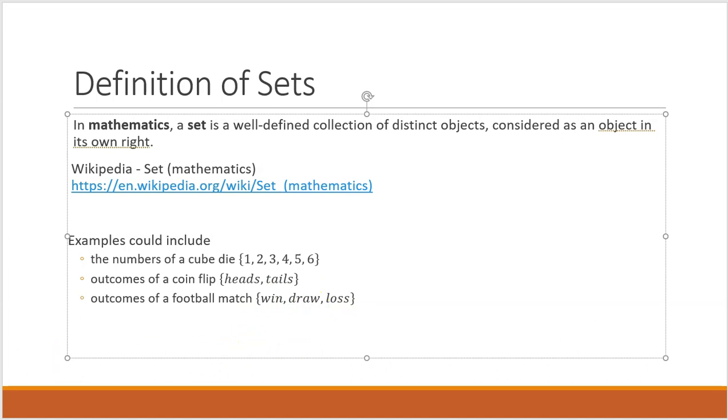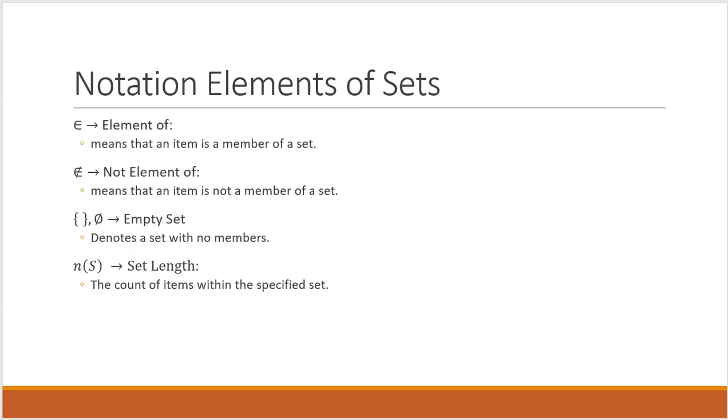Now let's have a look at some of the notation for a set. So over here we've jumped over and there are some really strange symbols. The first one sort of looks like an E. This symbol means element of, and you can use this symbol to denote whether a particular item is a member of a set.